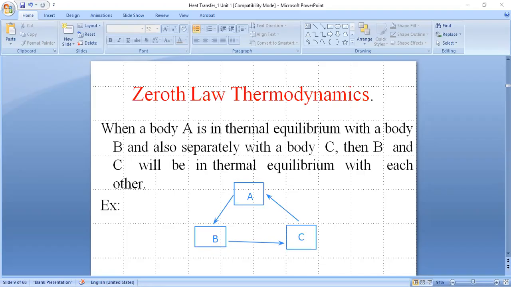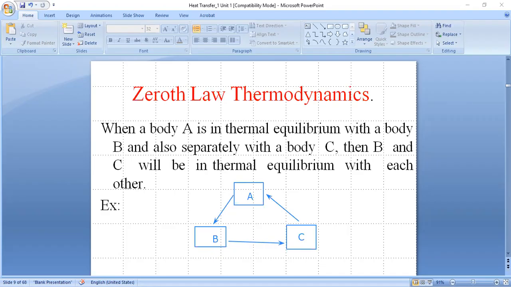Whatever temperature is in the car, in the office it will be transferred. That is body A to body B, body B to body C. It will be transferred. Then body B and C will be in thermal equilibrium. This is called the zeroth law of thermodynamics.